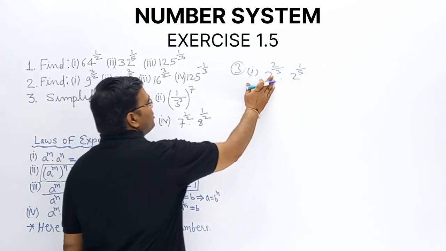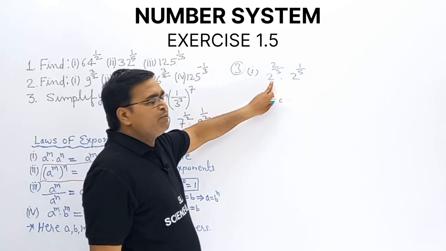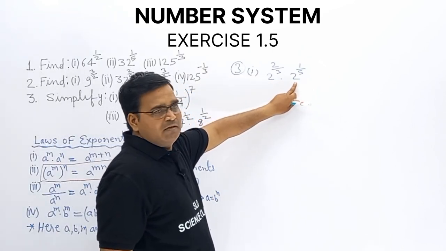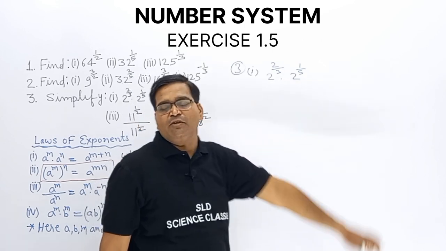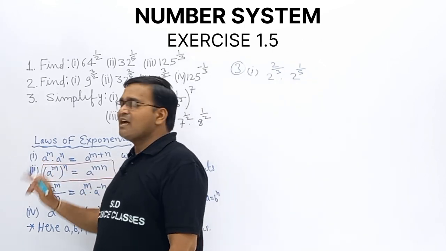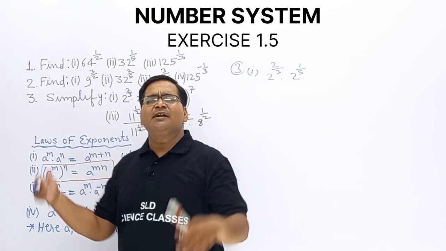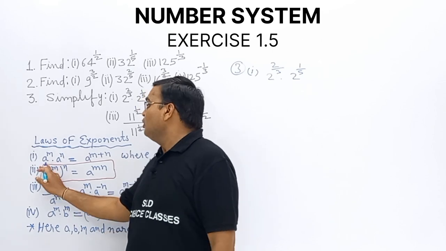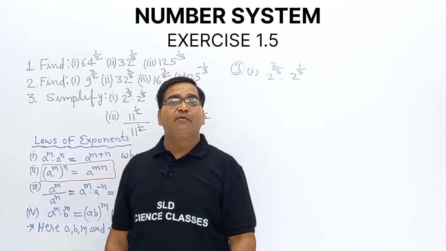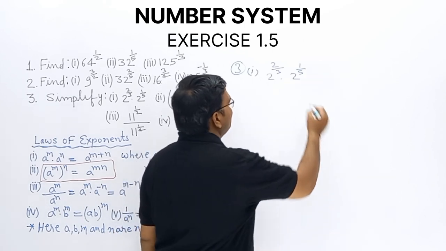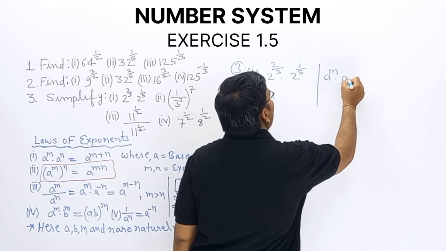Observe, what is the question? We have 2 exponents. This is the first exponent and this is the second exponent, and we want the multiplication of both. So which property or law will we use? Two exponents having the same base and different powers, no worry. If two exponents in multiplication have the same base, it is in the form a power m into a power n.